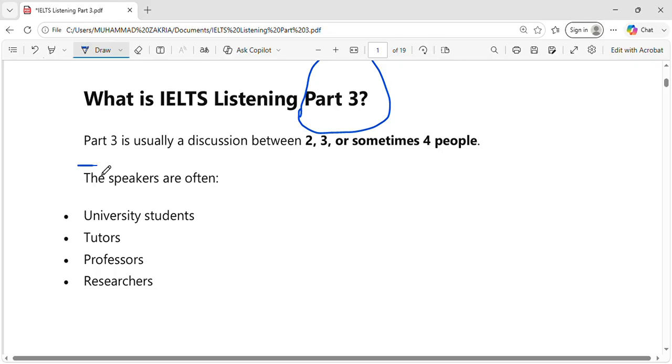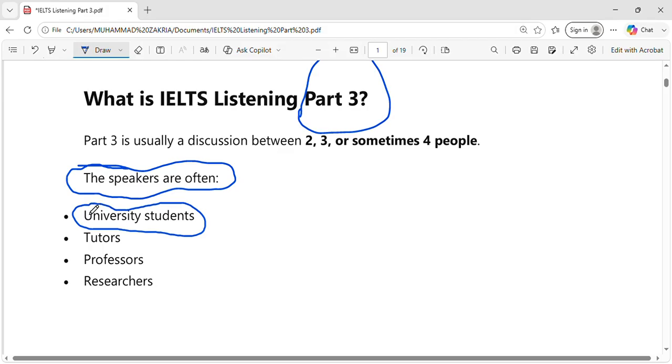Here, who will these speakers be? You need to understand this. The speakers are university students. Tutors, professors, researchers.